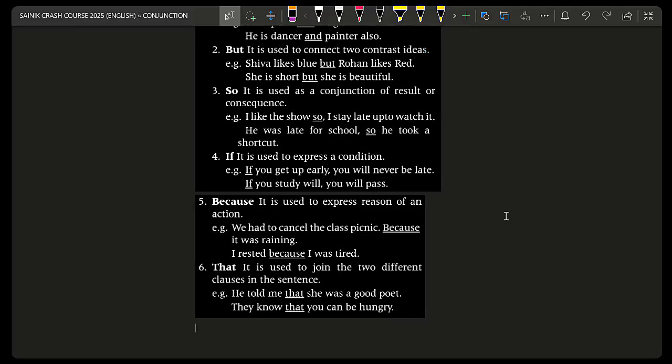If you want to continue with that, you can use the word that. They know what they know. If you want to continue from there, they know that you can be hungry, there you can use that. Few more conjunctions.